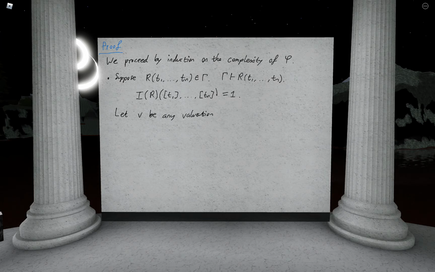So let v be any valuation, and now observe that the interpretation with valuation v of the term ti has to be equal to the equivalence class of the term ti.